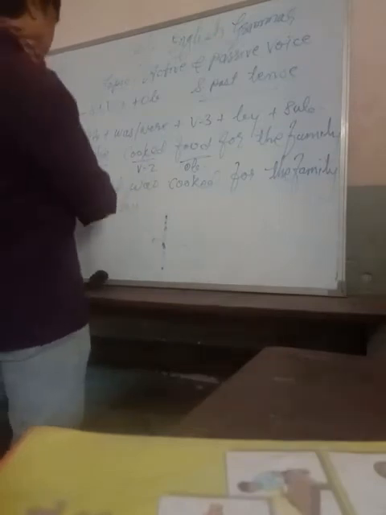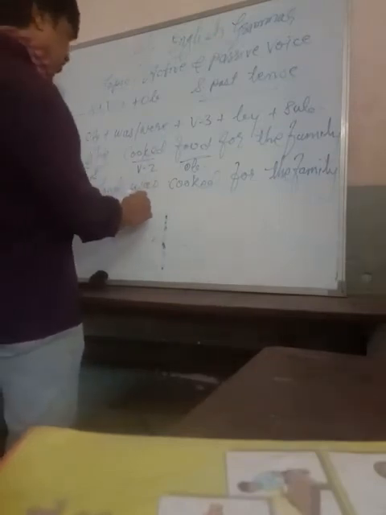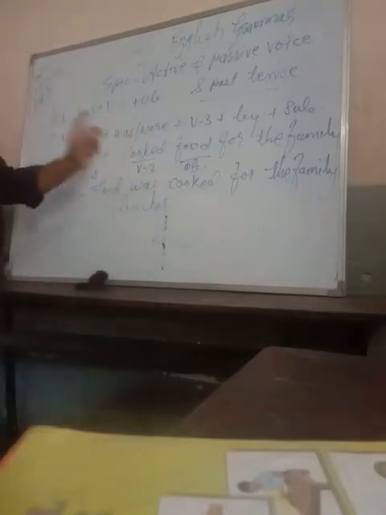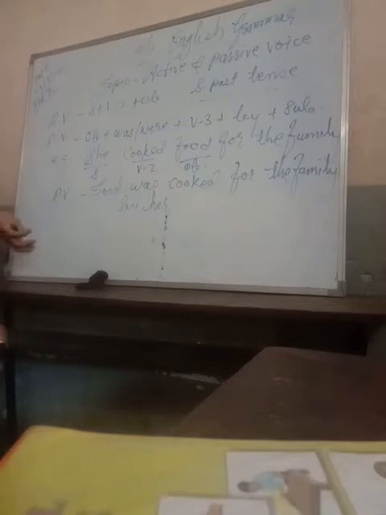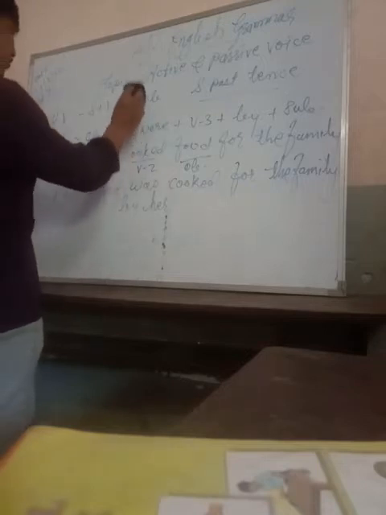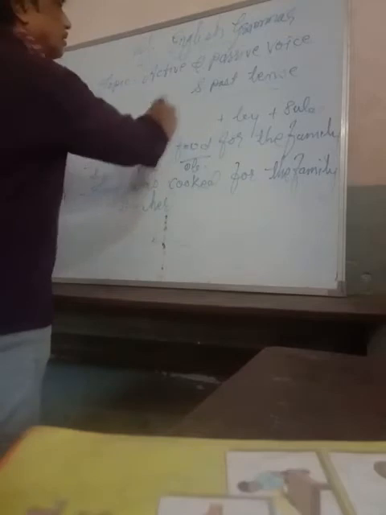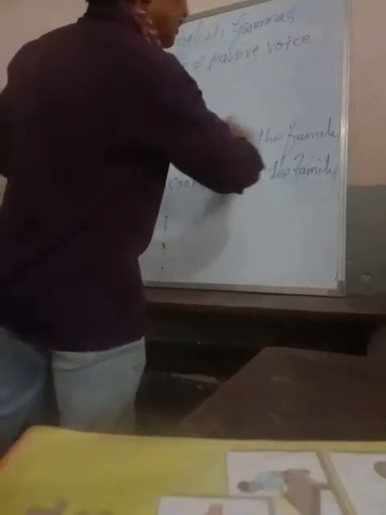By. Now she will be changed into her. Look here now. Food was cooked for the family by her. So that way. Okay. One sentence is enough, I think, for this. Now we are going to move to the simple future tense.